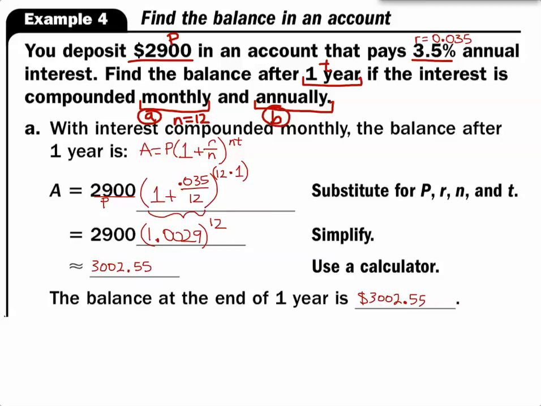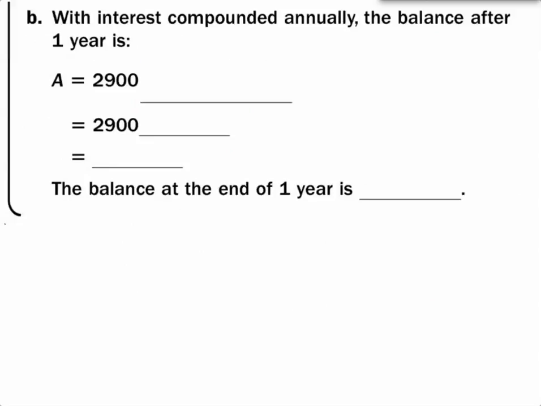All right. Now, part B, annually. Same formula. The only difference this time is that when they compound it annually, that means that N equals 1, because it's only happening once a year.